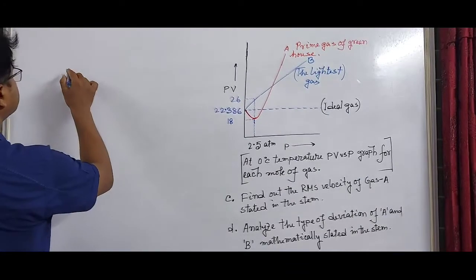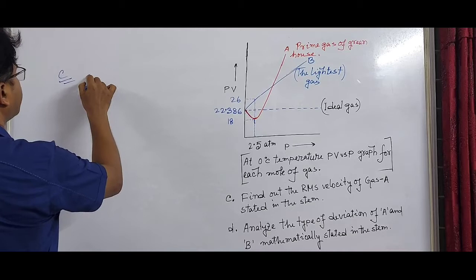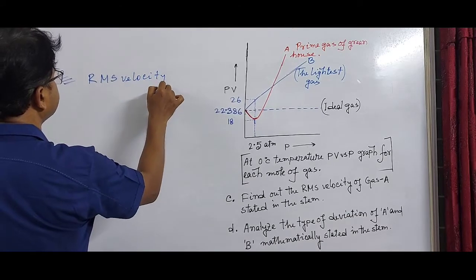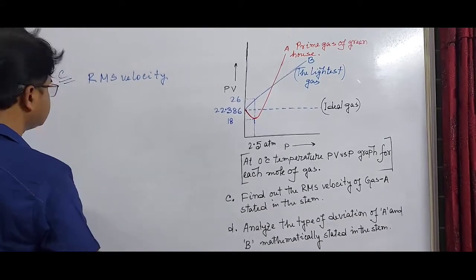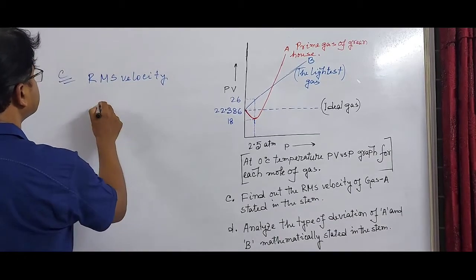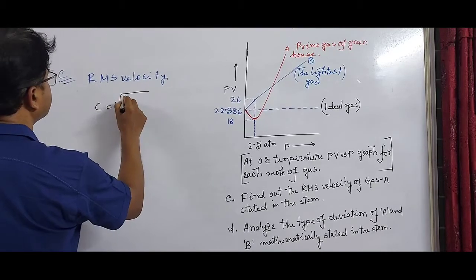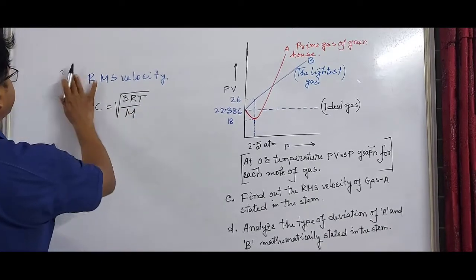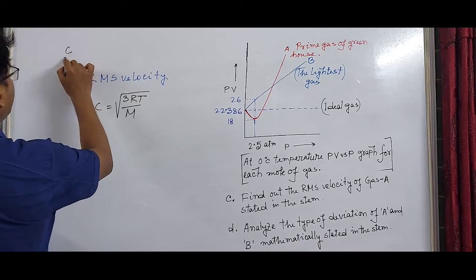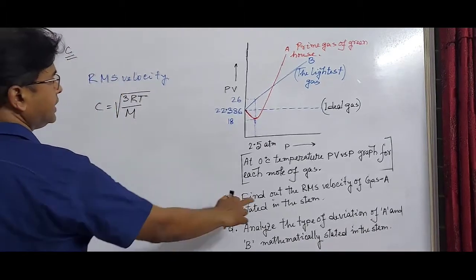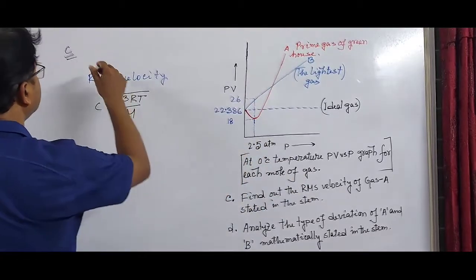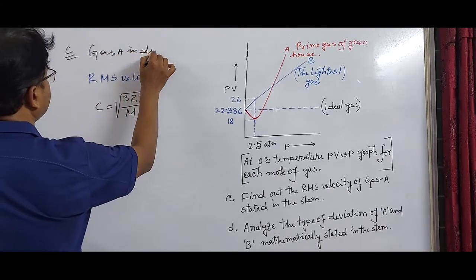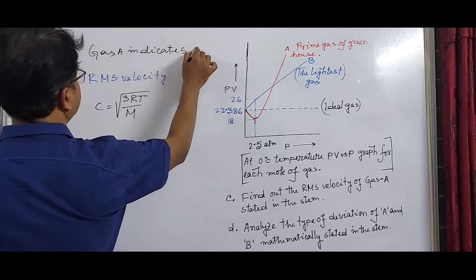Students, we know that RMS velocity C is equal to root over 3RT by M. In this case you have noted that gas A indicates CO2 gas.